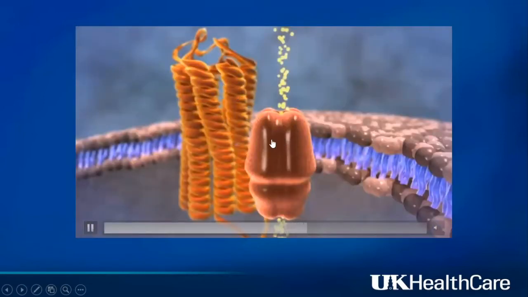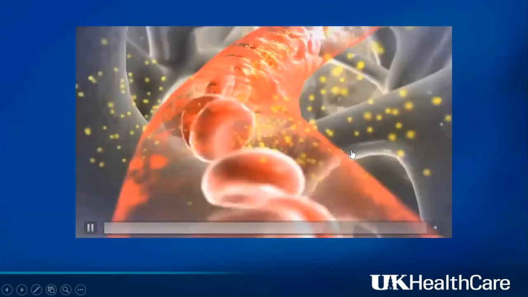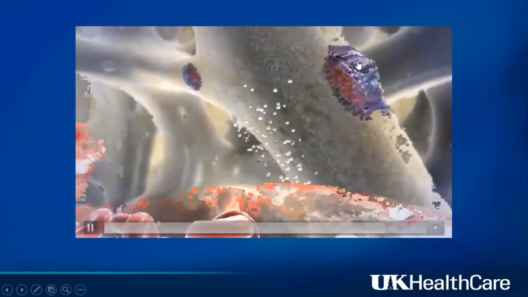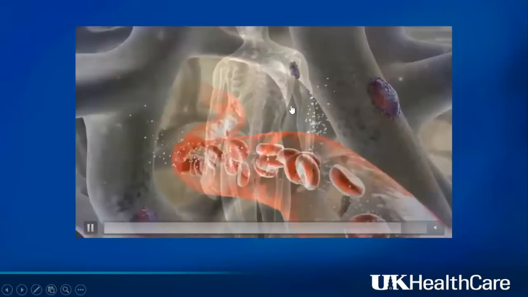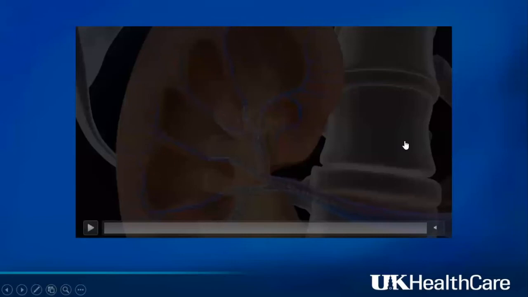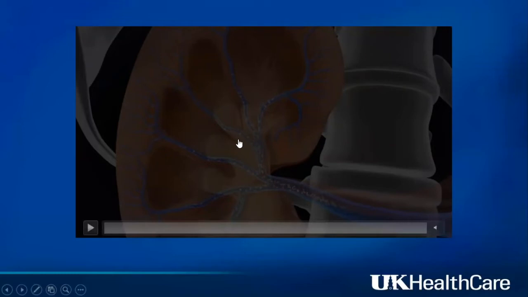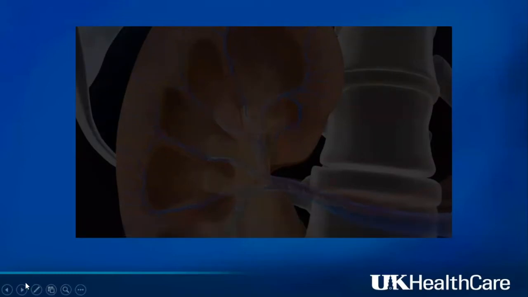So it's a very, very nice illustration. And when the calcium level is low, PTH secretion increases, and it goes to the bone to activate RANKL secretion from osteoblasts and start the process of osteoclastogenesis and bone resorption. And it also works on the kidney to increase the calcium reabsorption in the proximal and distal convoluted tubules.